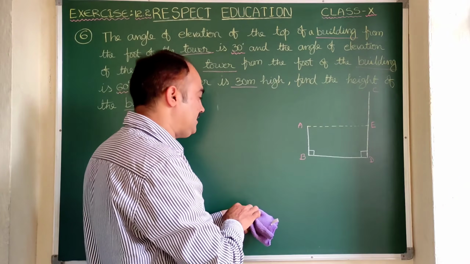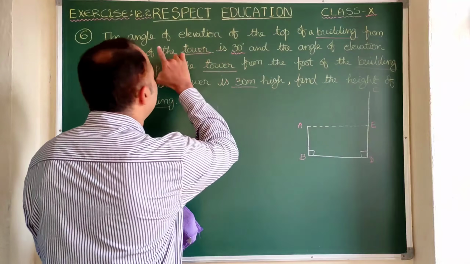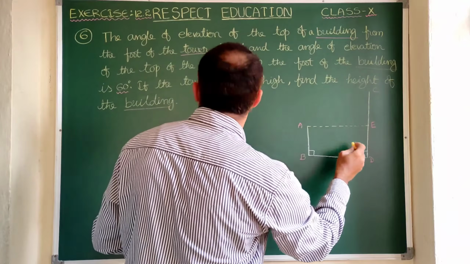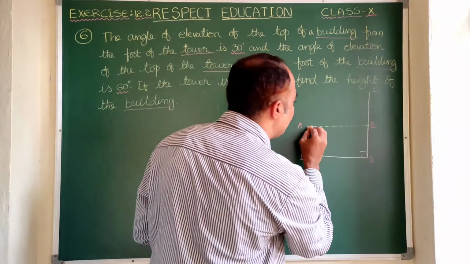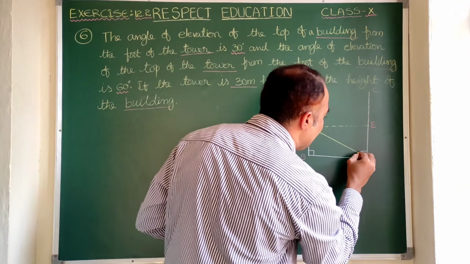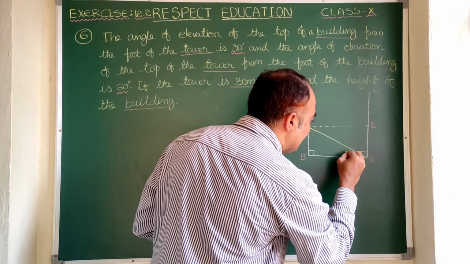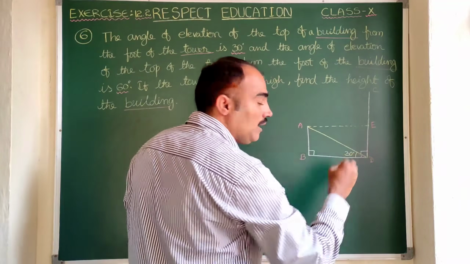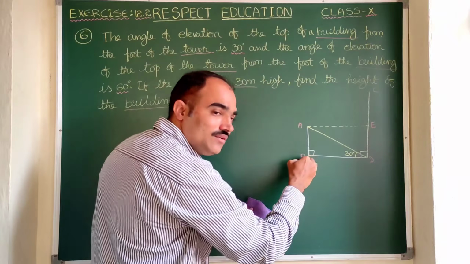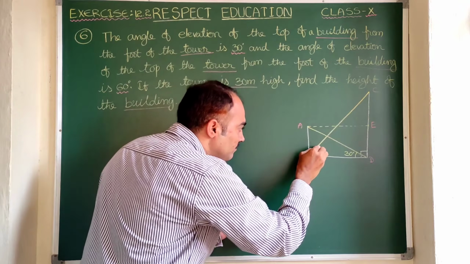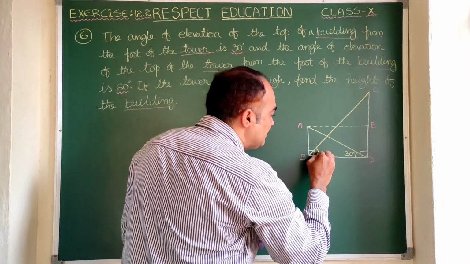Now the question is that the angle of elevation of the top of a building from its foot, if you join this AD, here the angle is 30 degrees. Whereas if you observe the top of the tower from the foot of the building, here the angle of elevation is 60 degrees.